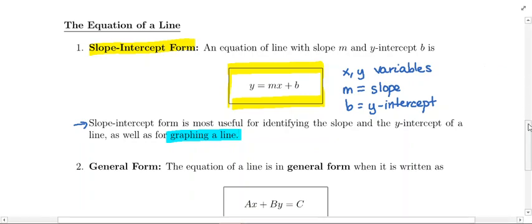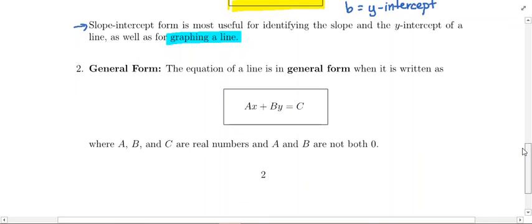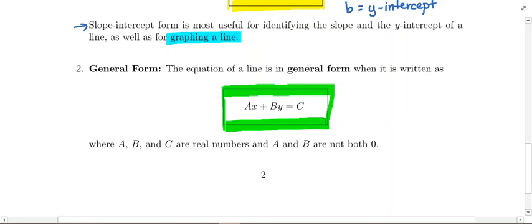All right, your line may instead come in general form. General form looks like this, what's in the box: a times x plus b times y is equal to c. Again, x and y are your variables. A, B, and C will just be numbers.